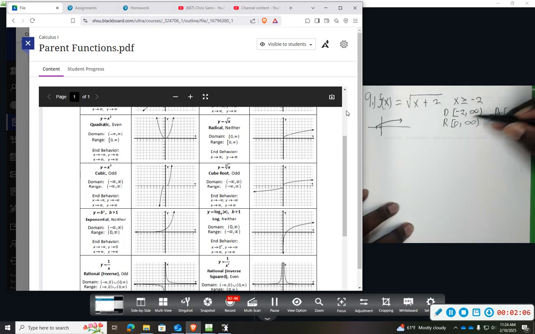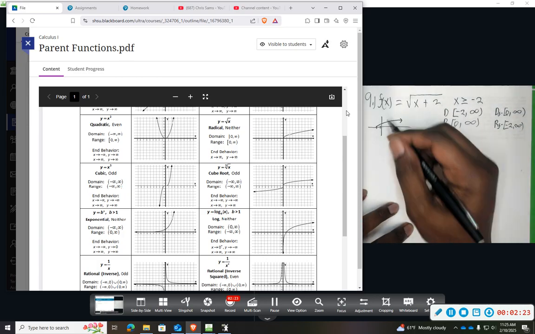So domain is the range, which is 0 to infinity, and the range is going to be the previous domain, which will be negative 2 to infinity.